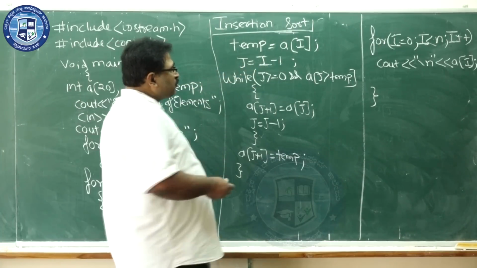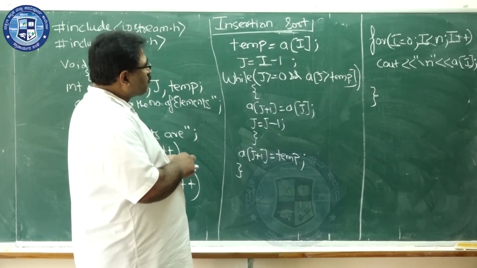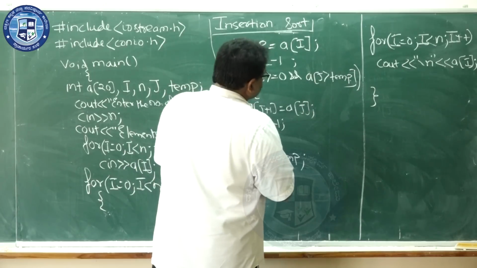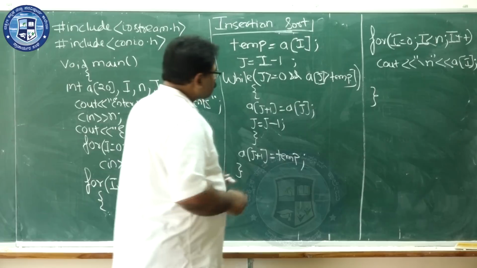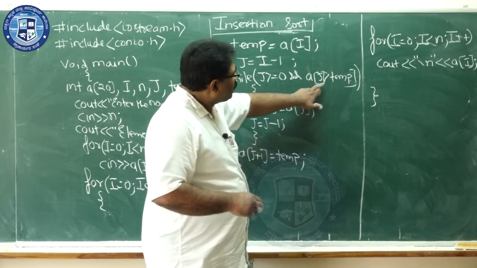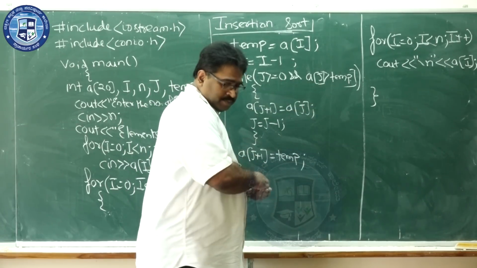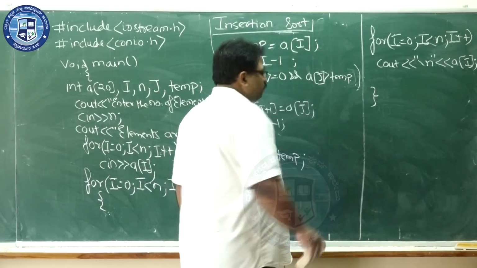Then we have a condition. The condition says that j is greater than or equal to 0, and A of j is greater than temp.